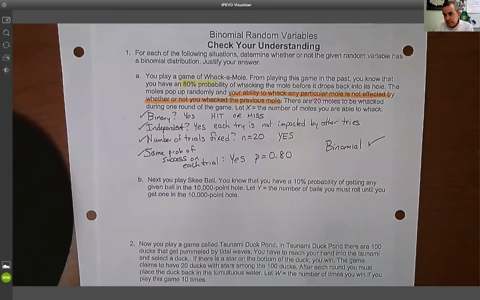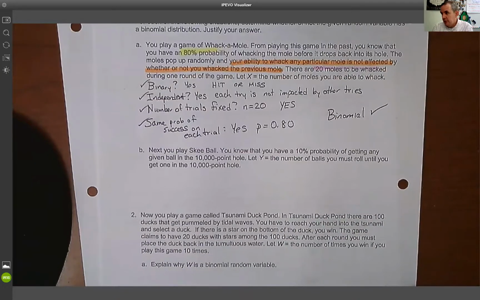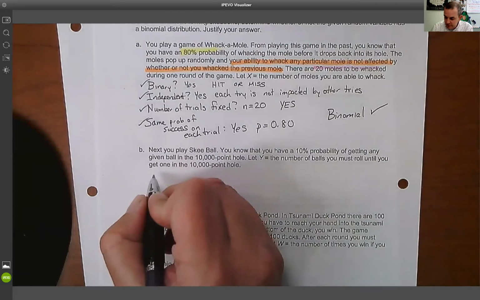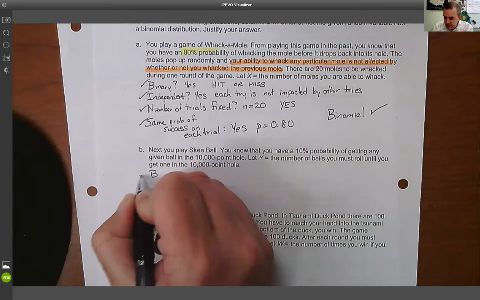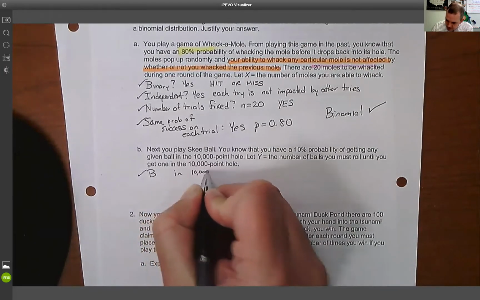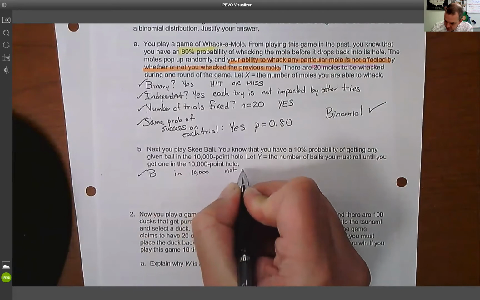Okay. The next one says, you play skee ball. You know that you have a 10% probability of getting any given ball in a 10,000 point hole. Let Y be the number of balls you must roll until you get one into the 10,000 point hole. If we go through the same idea, the B for binary: it is binary because it is either in the 10,000 or not in the 10,000.